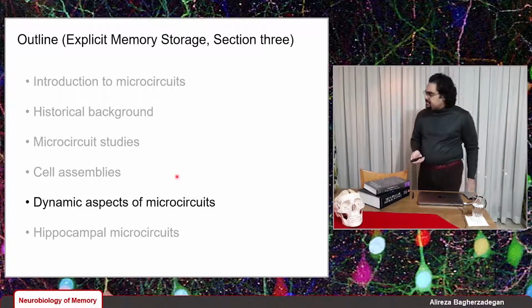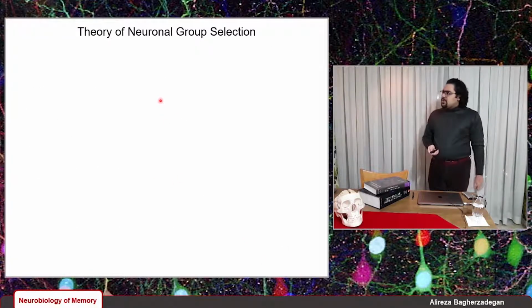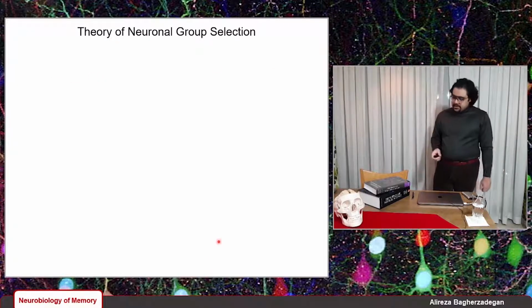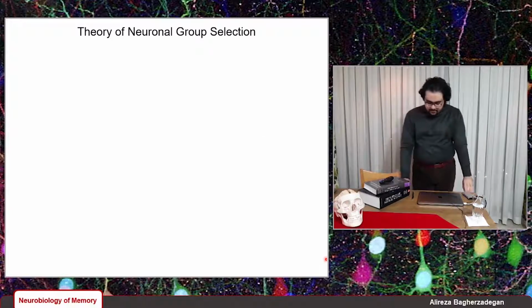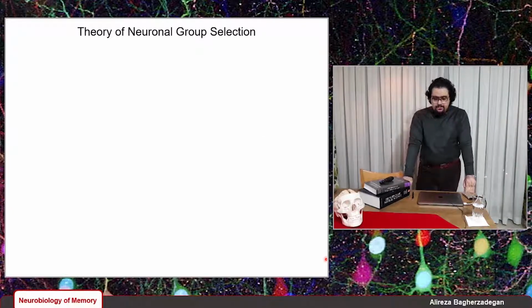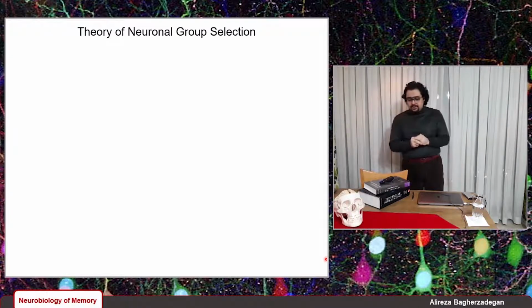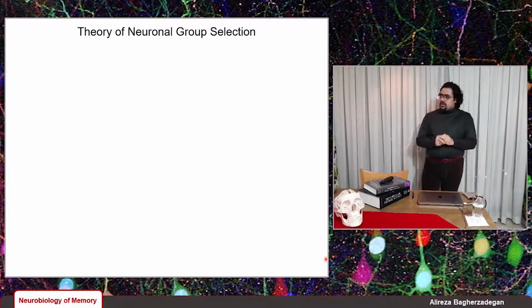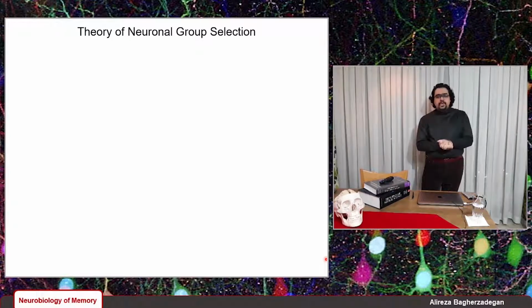neural networks. And I want to start with a theory by one of the great and giant neuroscientists, called the theory of neuronal group selection. Professor Gerald Edelman is the man whose theories I want to talk about in this part of the lecture.